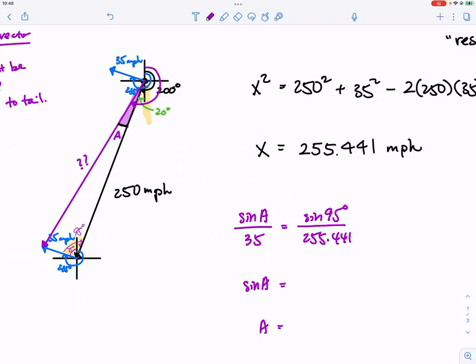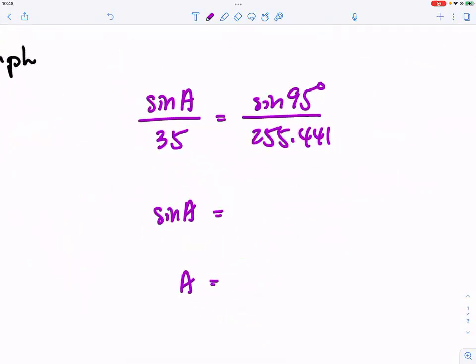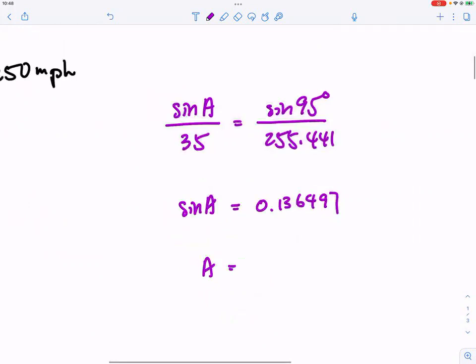You should find that sine A is 0.13647, and doing the inverse, your angle A should be 7.845 degrees.